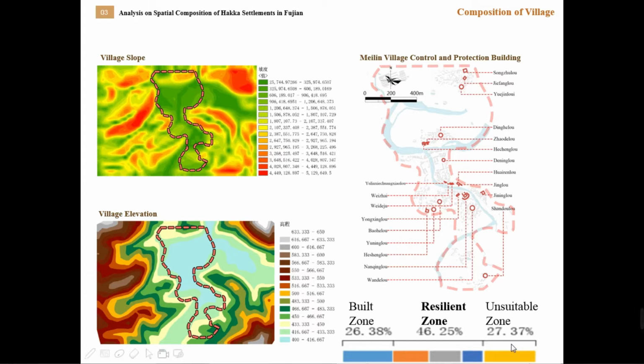Those places are so-called ecological space, which cannot be moved or reconstructed either, like forest and fields. But in between, the resilient zone consists of places that are not well defined by local people and also the government. Those are 46.25% of the place. So we still have almost half of the chance to revitalize the region.